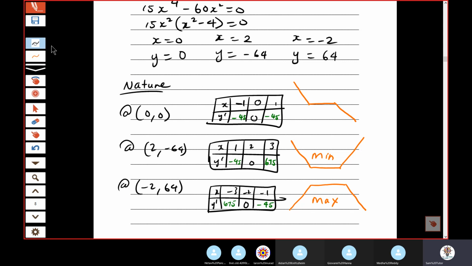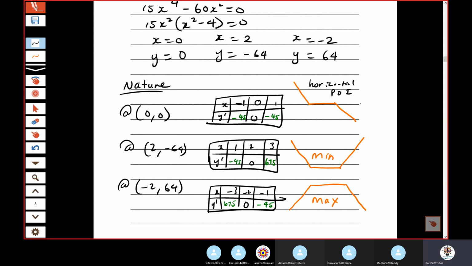What was this one called again? Horizontal point of inflection. Good work. You guys are doing well.